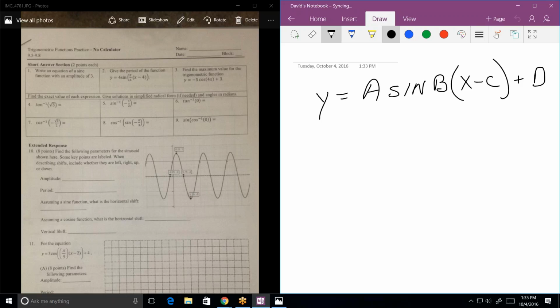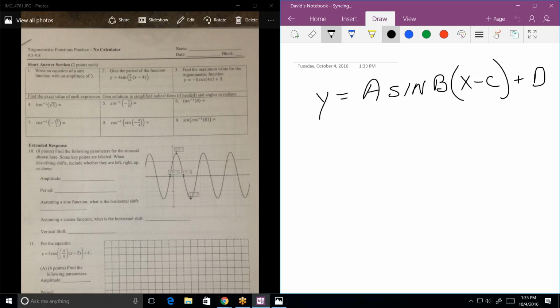One has B inside the parentheses, so it's bx minus c inside the parentheses. And some use different letters than C and D. They might use H and K or, whatever. But yeah, that's what I was taught, but instead of sine, it's cosine.